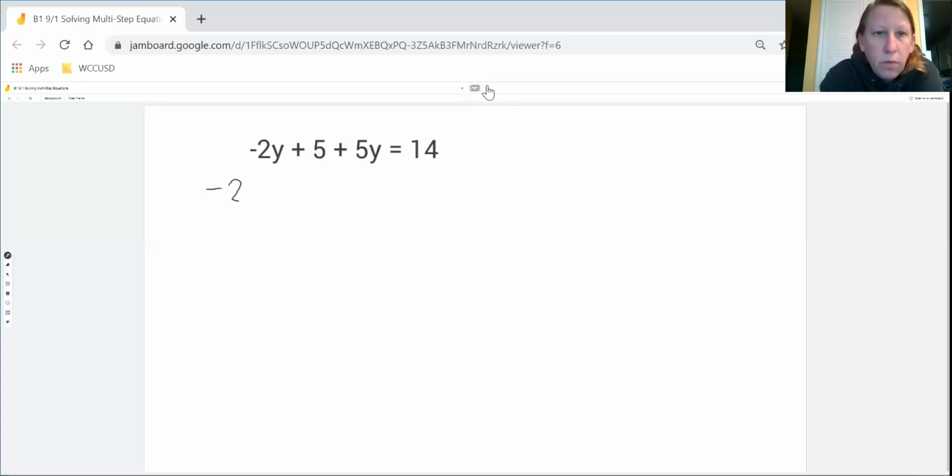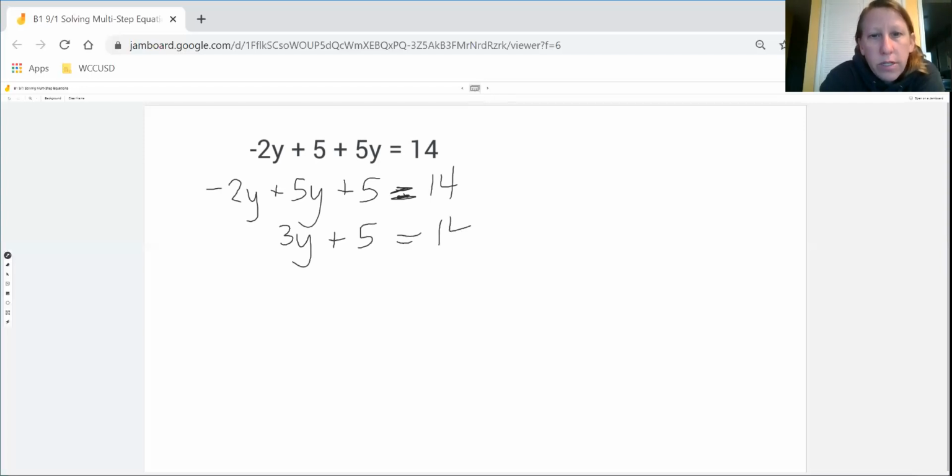All right. Welcome back. We got negative 2y and 5y, and 5 is 14. I'm going to switch the order. I commuted the terms. Okay, a negative 2 and a 5y together make 3y. And now I'm back to a 2-step equation. I'm going to take off 5 on both sides because I know that's going to make a 0 pair right here.